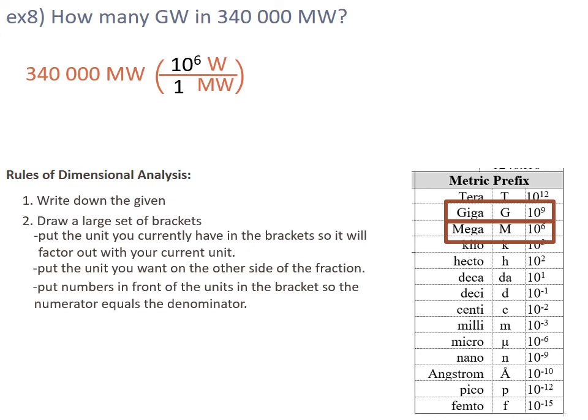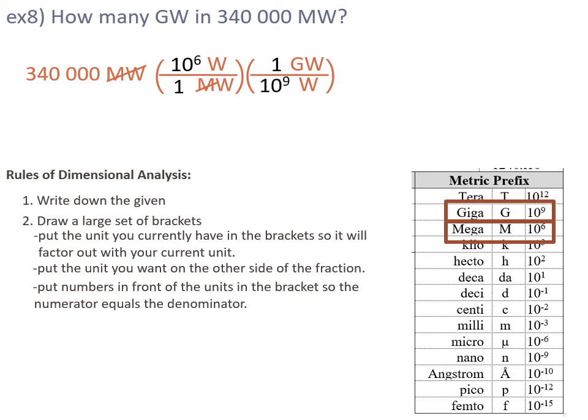So 1 M equals 10 to the 6. Now top equals bottom. I'm going to put in another set of brackets because I know I'm not at my final unit. Megawatts and megawatts factored out. So I currently have watts. So to get rid of watts, I have to put it in the bottom so it's able to factor out. And I'm going to switch it to gigawatts. And giga is equal to 10 to the 9.